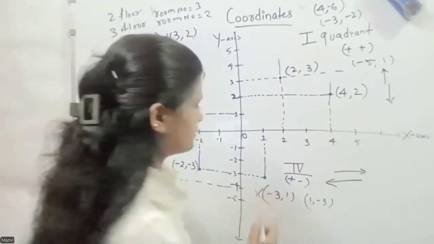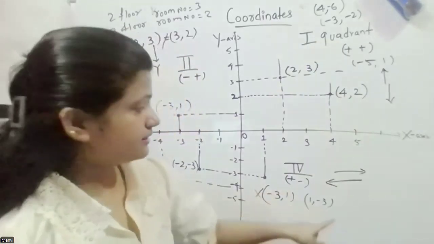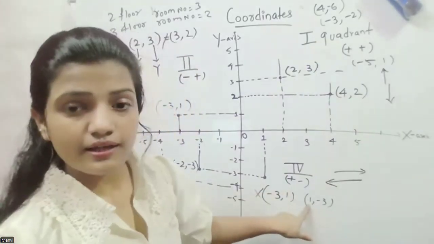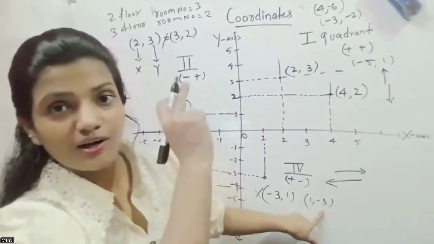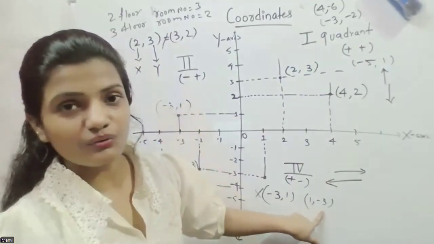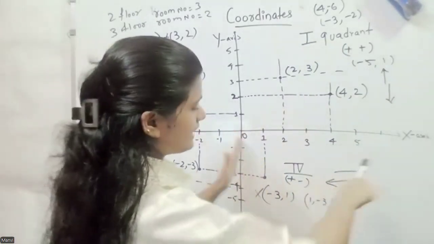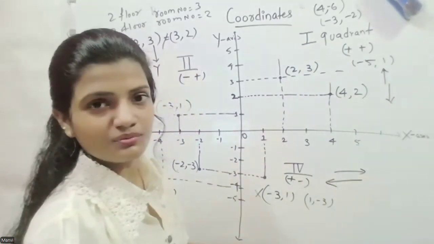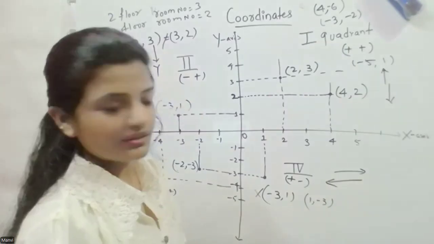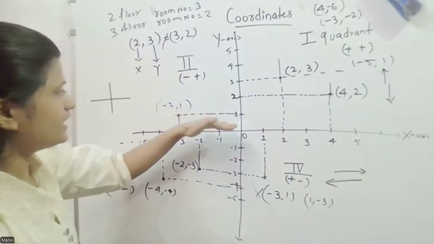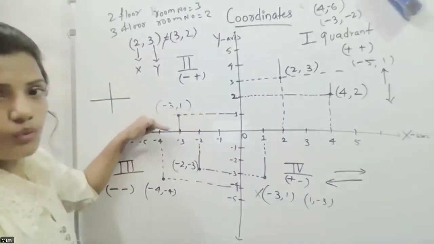This is wrong. It's 1 comma -3. This means 1 across, and minus means down, not up. Minus means down. We can also say it this way: 1 right and 3 down. For this, 3 left and 1 up.